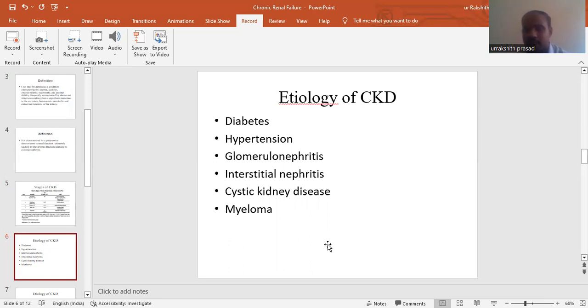And the third part is that glomerulonephritis is a kind of infection which is seen in the glomerulus. So any kind of bacterial infection may cause the nephron to get swollen and no filtration is going to happen in the patients. Then the next is interstitial nephritis.